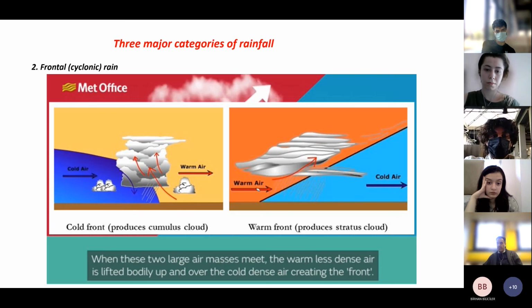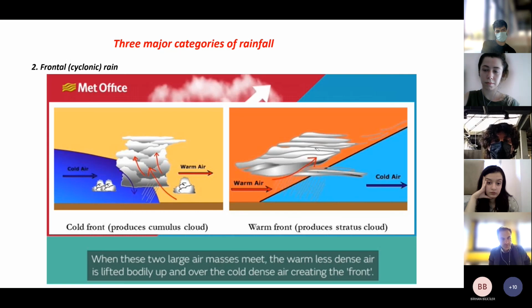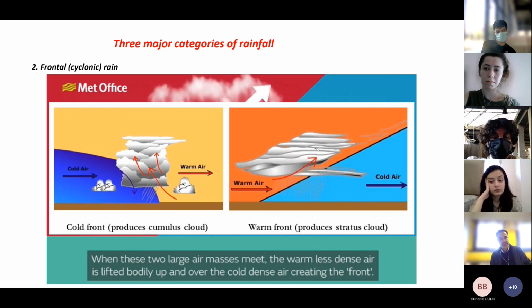At the same time, because warm air meets cold air, it has to go up. It is lighter. When it goes up, we have enough reason to have precipitation, because warm and moisture-laden air rises.